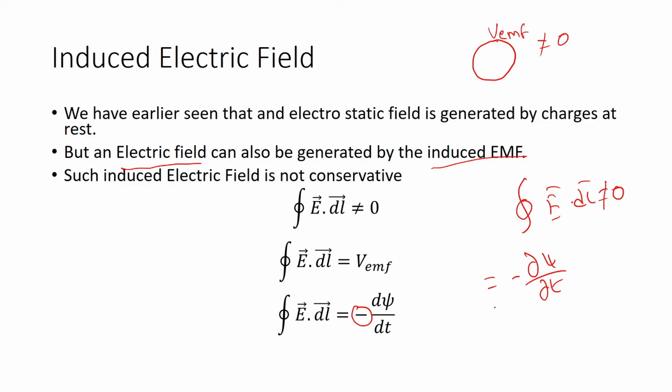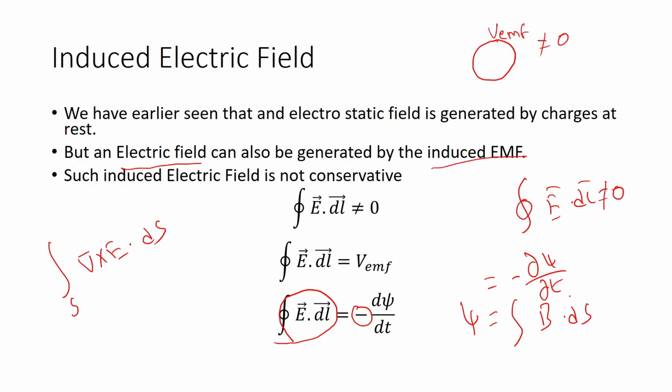Now, if you remember Stokes' theorem, it can convert a closed line integral into a surface integral of del cross E bar dot ds bar. And you may remember that the flux linkage psi is equal to the integral of B bar dot ds bar.